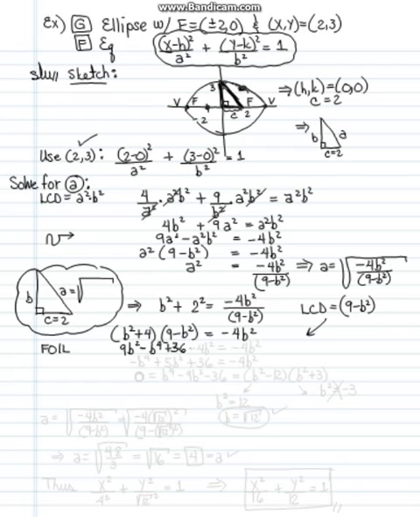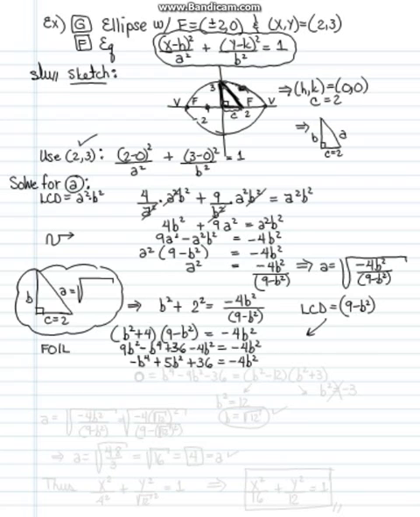Last times last is negative 4b squared, equals negative 4b squared. Okay, now let's combine like terms and we'll get the negative b to the fourth in the front because it's a higher power. Then 9 minus 4 is positive 5b squared, and then plus 36 equals negative 4b squared.